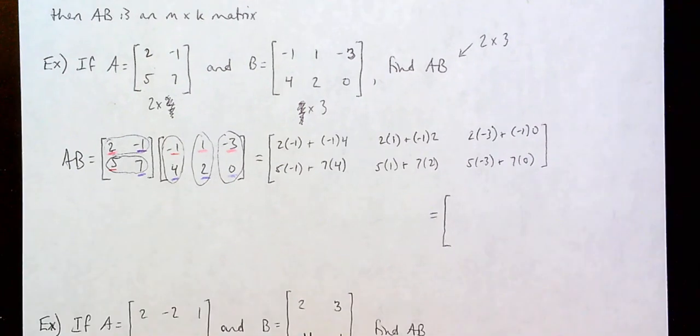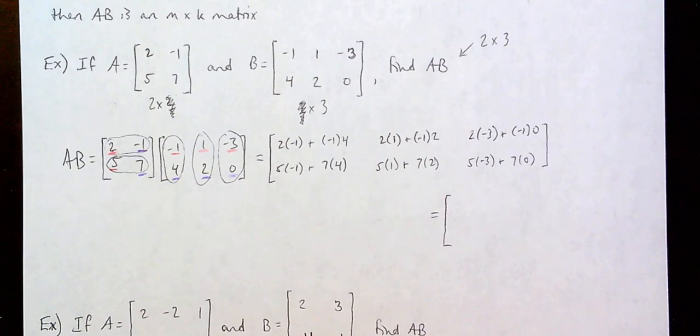Now let's do these products and add them up. Now that we have all of these things here, we're going to actually add these things up and find what the actual entries, or elements, are.